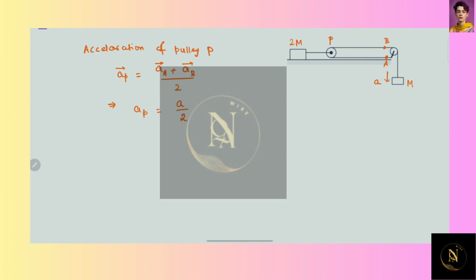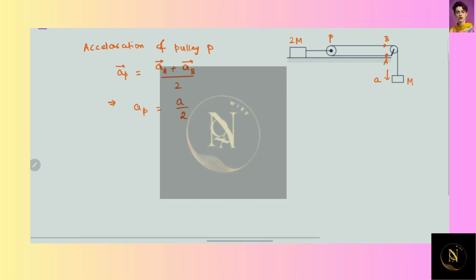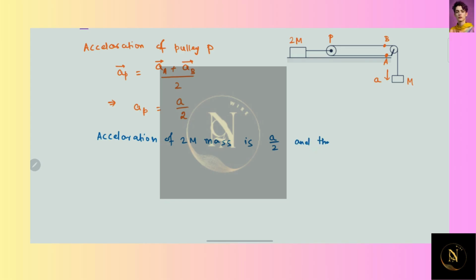So this is also same as the acceleration of 2m mass, so I can write that the acceleration of 2m mass is a by 2, and that of m mass is a.